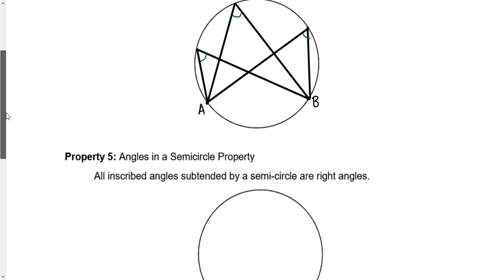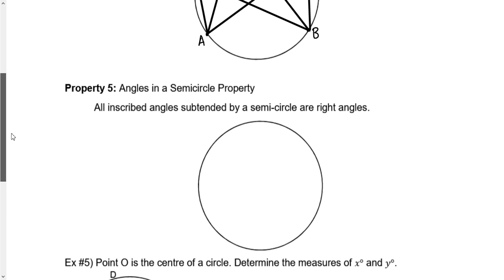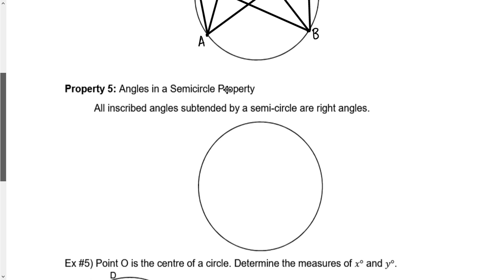And the last property, and then we'll get some examples, are angles in a semicircle property. All inscribed angles subtended by a semicircle are right angles.